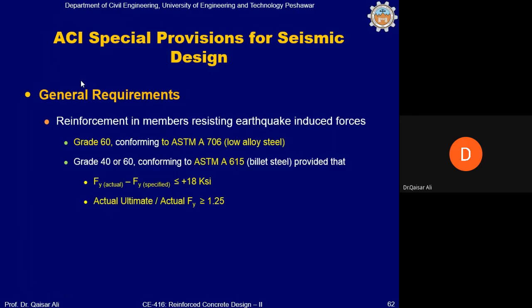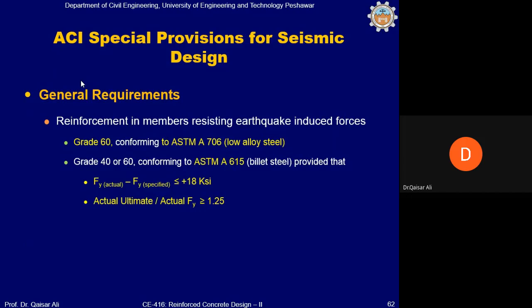The larger the gap between these two parameters, the larger the ratio, and the smaller the gap, the smaller the ratio. A higher value means more ductility, and we would like to have more ductile steel used in our structures.